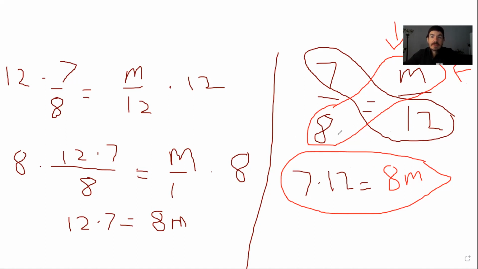Where this becomes very successful is if you have a problem where the variable is in the denominator. So if you have something like 7 over x is equal to 14 over 21, I'm just making up numbers.